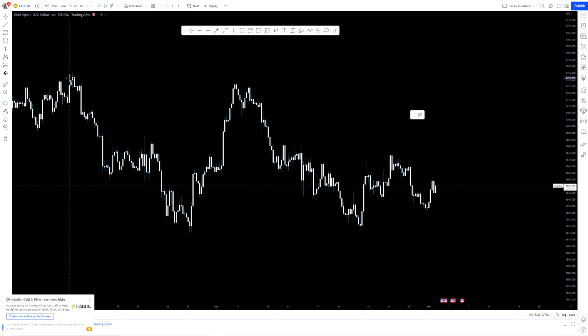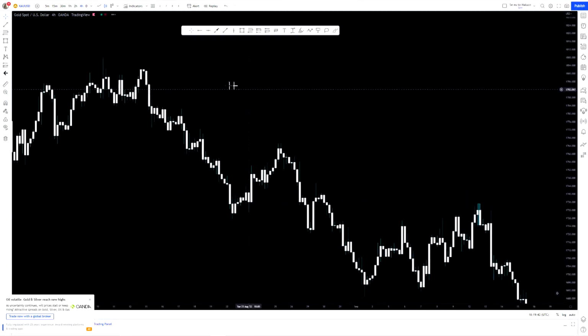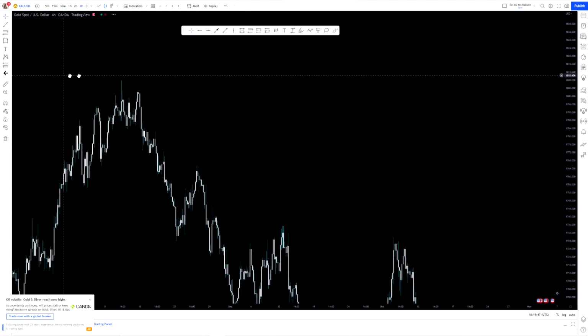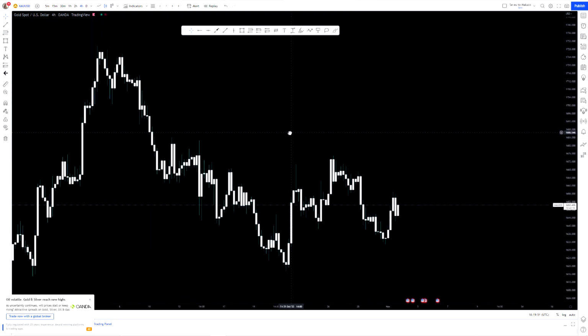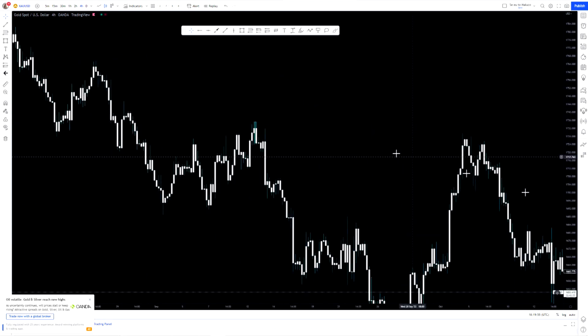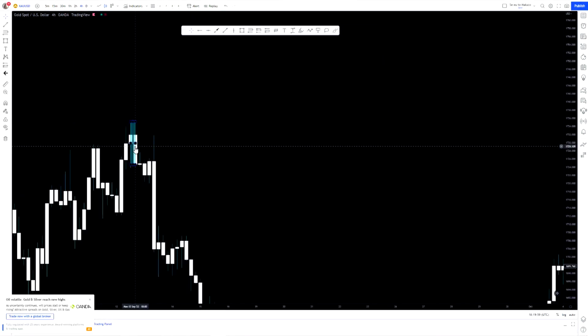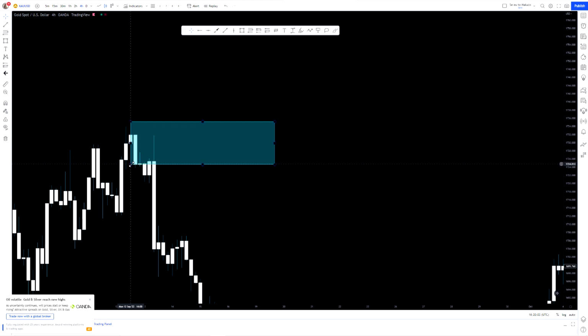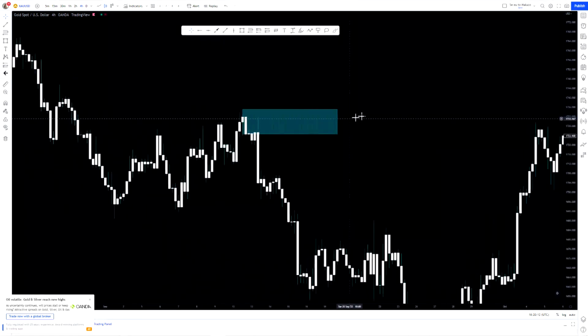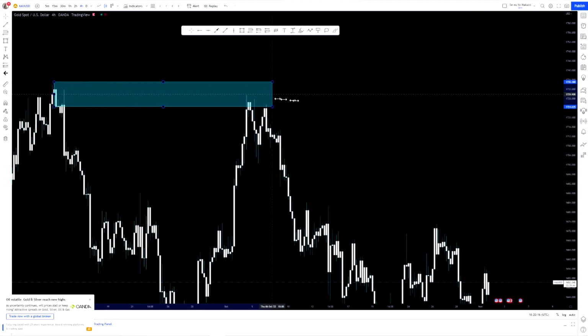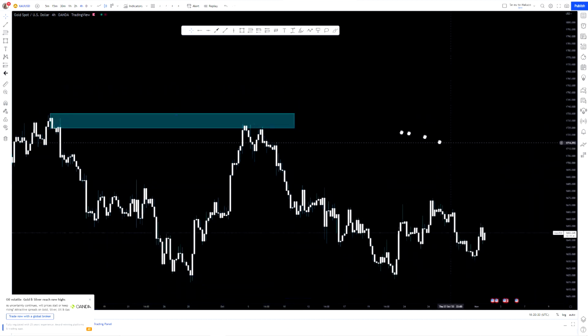I use the previous candle's downfall here, and we'll do that next. The price tests here.